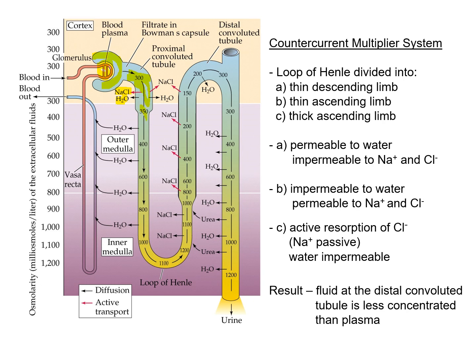It then moves down the descending arm of the loop of Henle, and is becoming more and more concentrated.